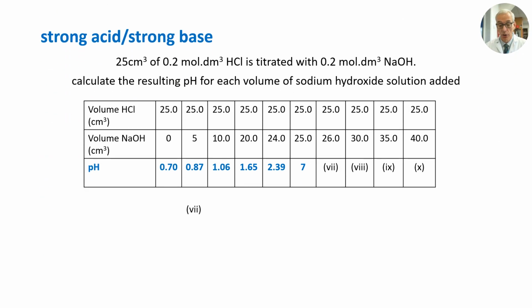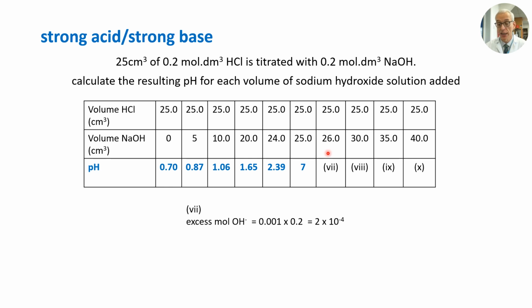So I'm going to model the calculation of pH when we have an excess of sodium hydroxide. So we need to work out the excess hydroxide ions. We're going to use the same method, that is, we have 25 of acid and 26 of sodium hydroxide at the same concentration.